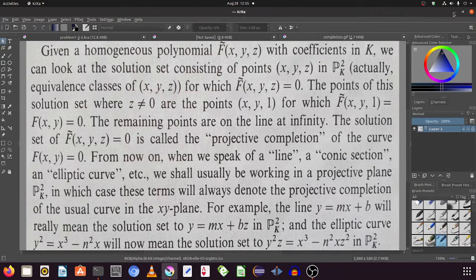So this is from the book we are working on. Where's the completion defined?